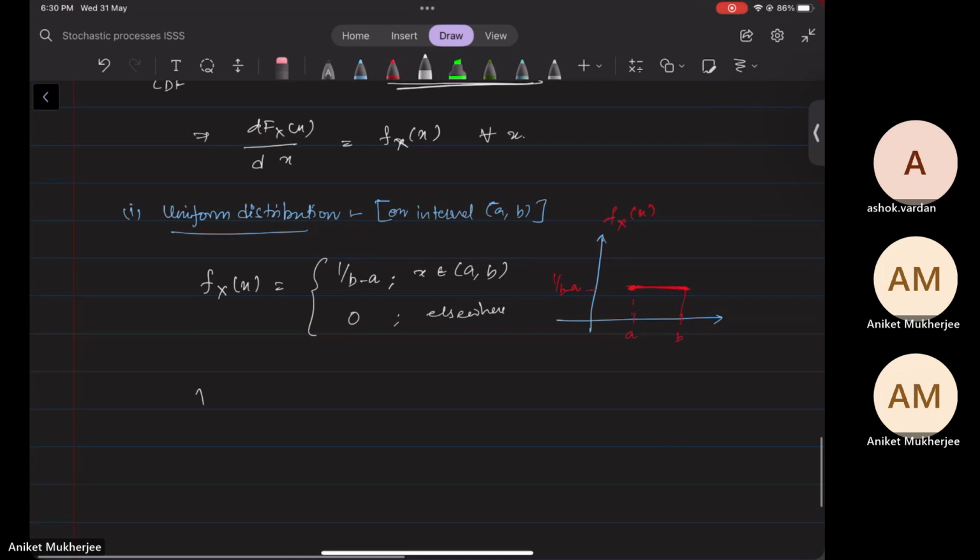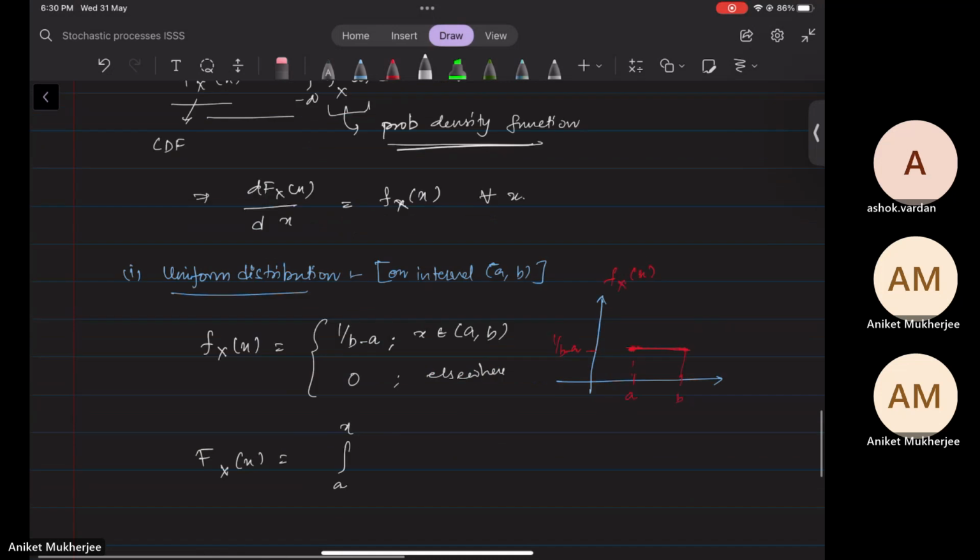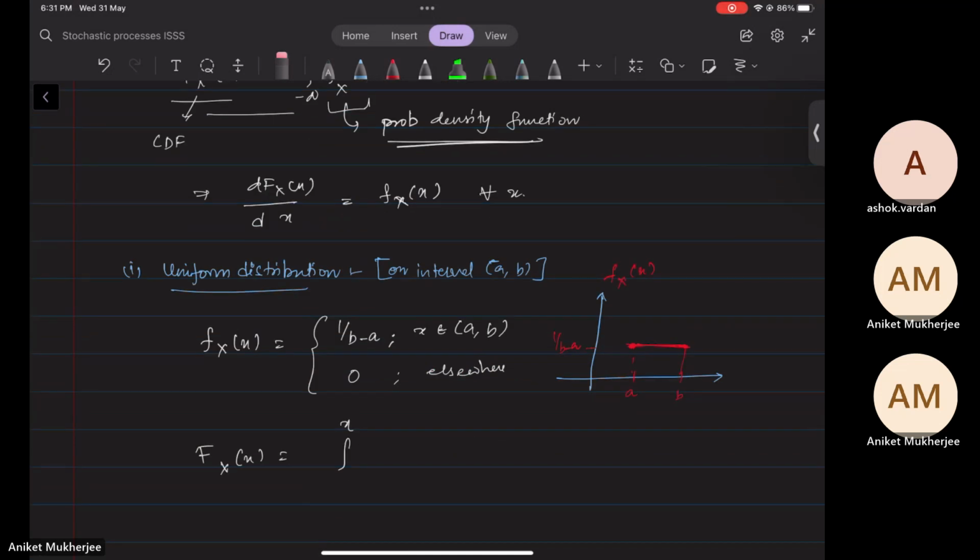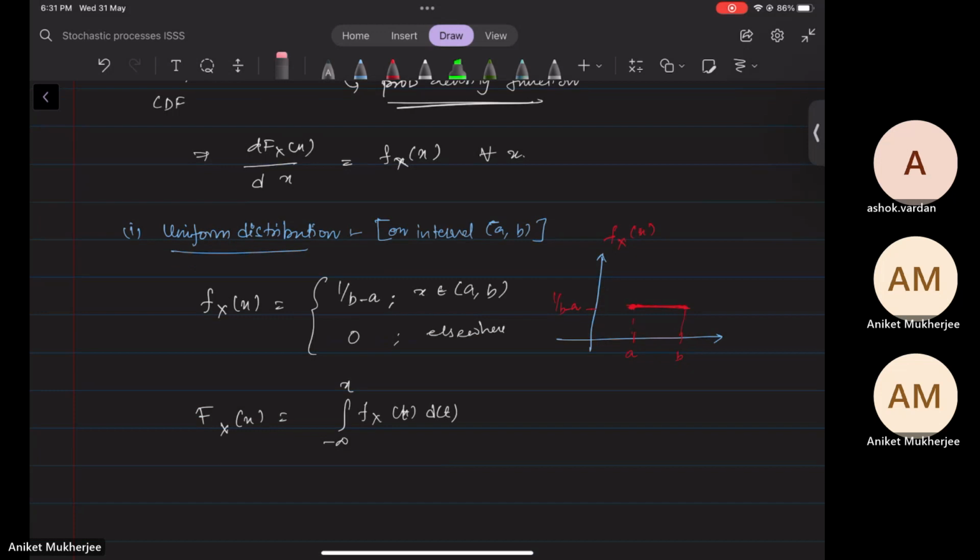So the distribution function F of x would be, you integrate it from minus infinity to x, f_X(t) dt. But as you can see, the density function is defined only from a to b, and is zero elsewhere. So this is just the integration from a to x of f_X(t) dt.